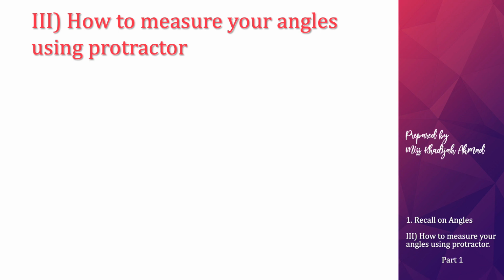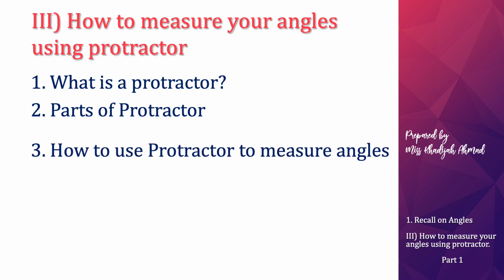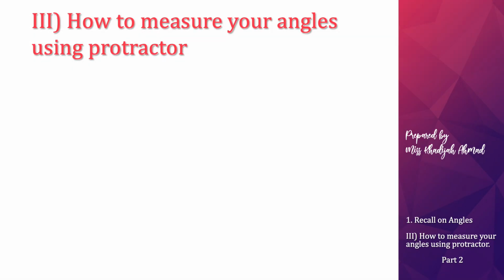The last thing that you need to recall is how to measure your angle using your protractor, where I am going to highlight three important features. 1. What is a protractor? 2. Parts of protractor. 3. How to use protractor to measure angles. What is a protractor?